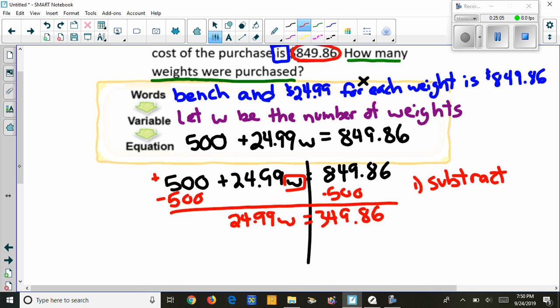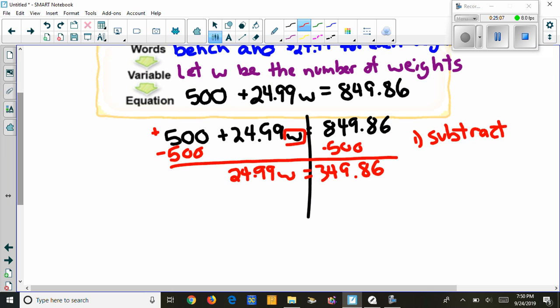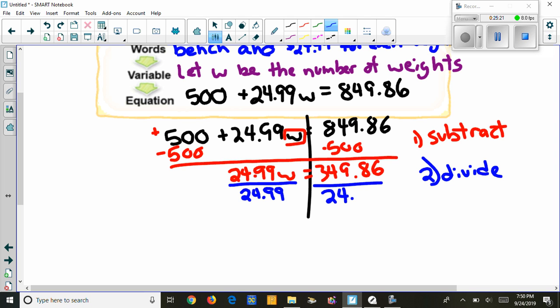Next, I need to take care of that multiplication by dividing. So I'll divide each side by 24.99 to see what I get as the number of weights.